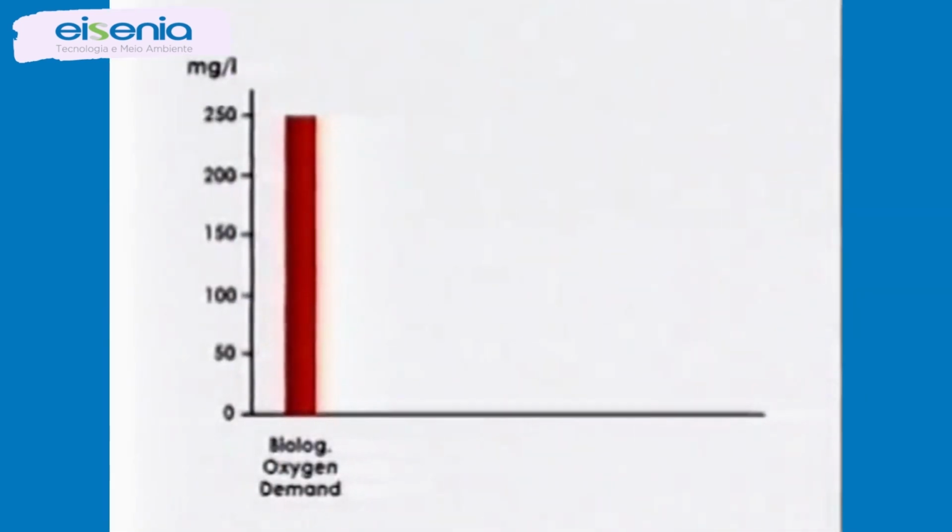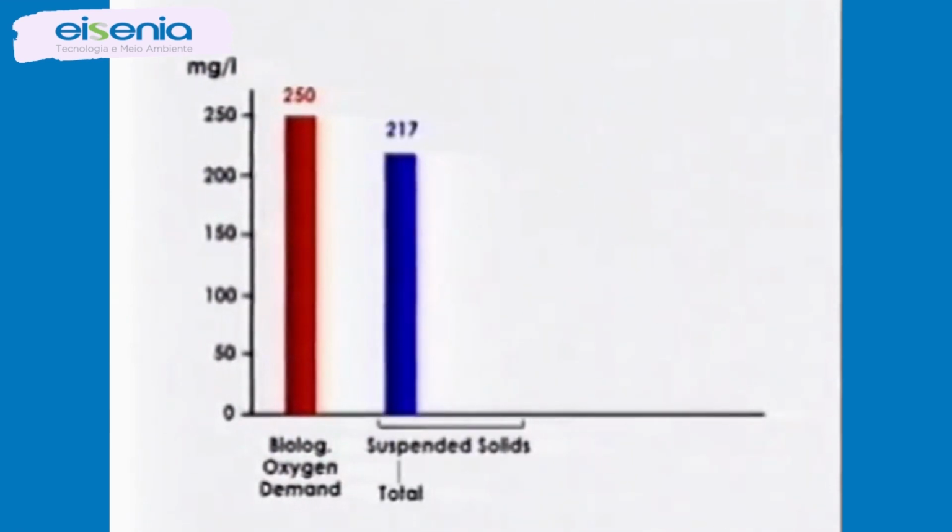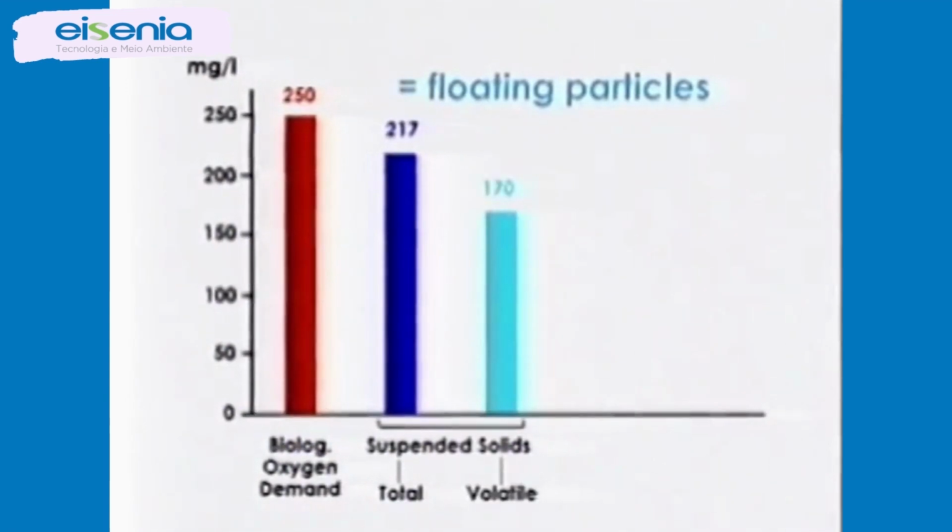The biological oxygen demand determines the amount of organic matter present in the water. In the untreated water, it reached about 250 milligrams per liter. Furthermore, we measure the amount of total suspended solids, fine particles floating in the water. A part of them evaporates when heated, the so-called volatile suspended solids.